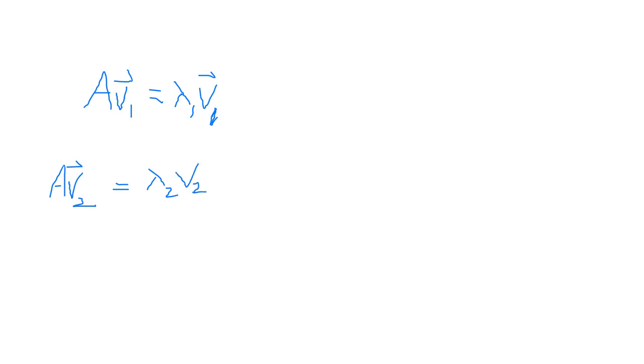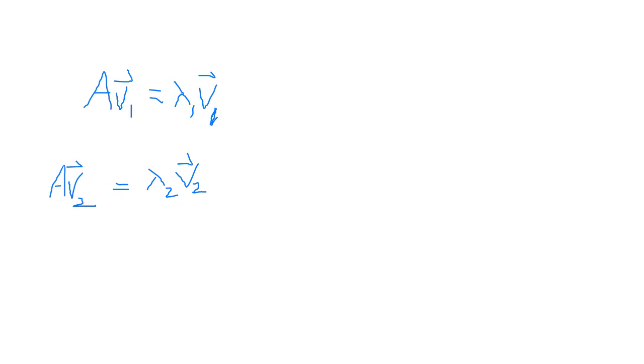What's that mean about lambda 2, the scalar lambda 2? Lambda 2 is an eigenvalue, and V2 is the eigenvector corresponding to lambda 2.